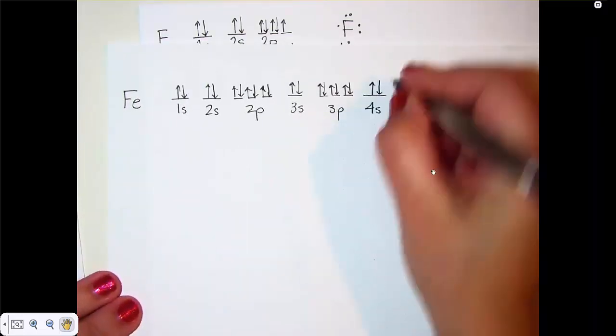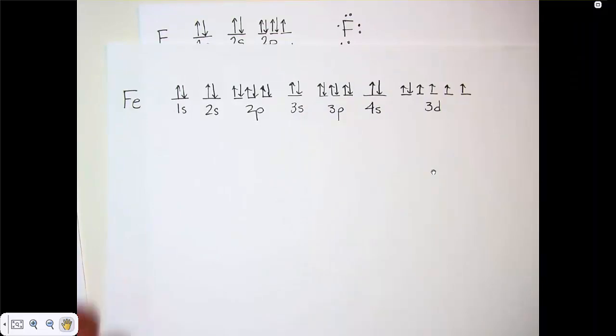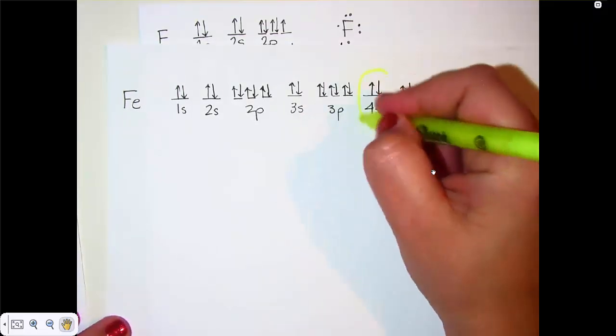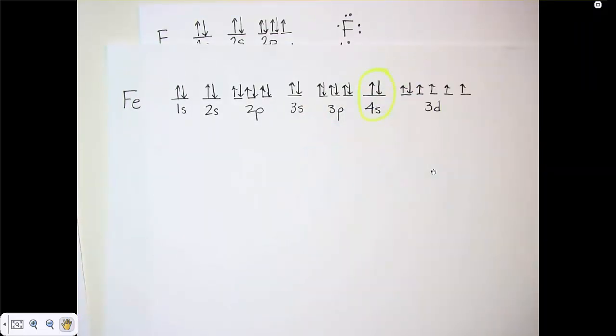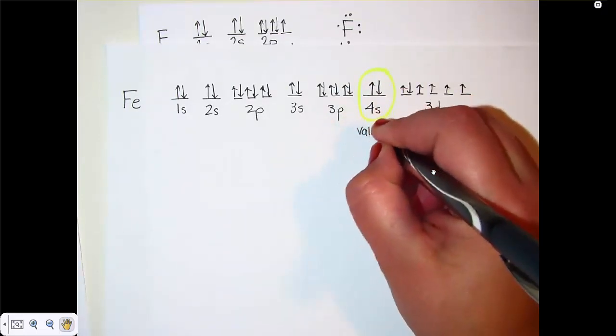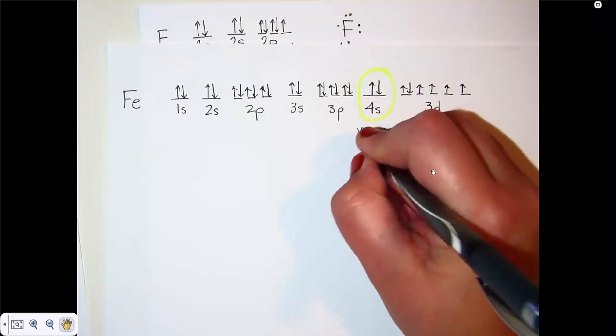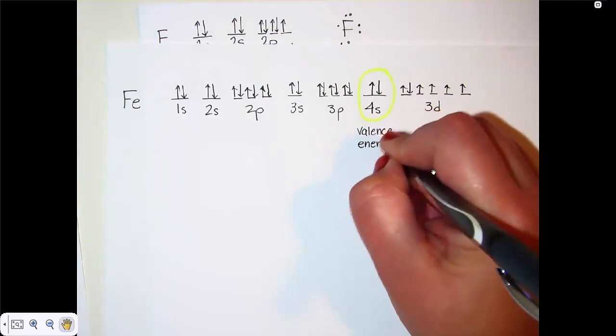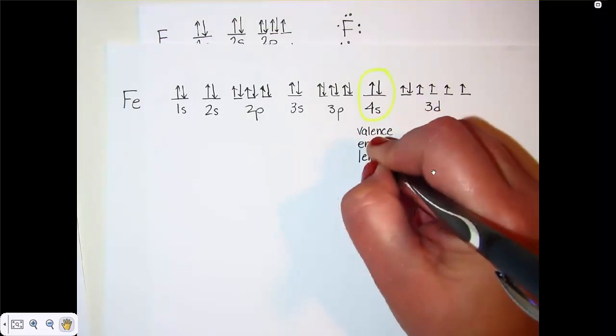And the 4th energy level here, that 4th energy level right there, that is the valence energy level.